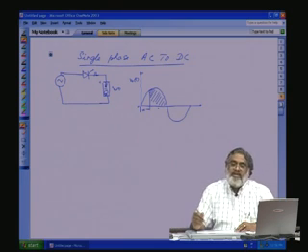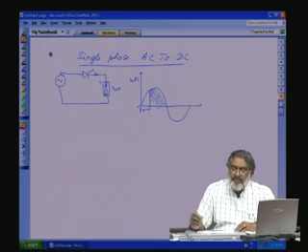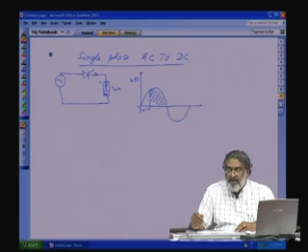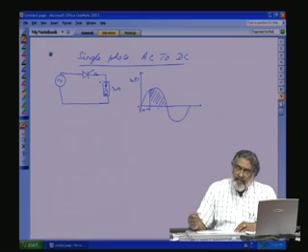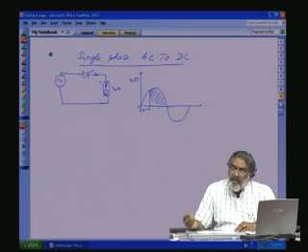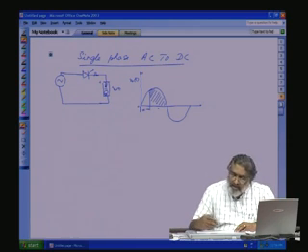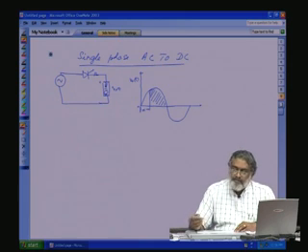But pure resistive load is only a textbook concept. You will not have a pure resistive load. You will have resistive as well as inductive. In this class we will be talking mostly about inductive loads and with the back EMF load also. So, with inductive load what will happen?